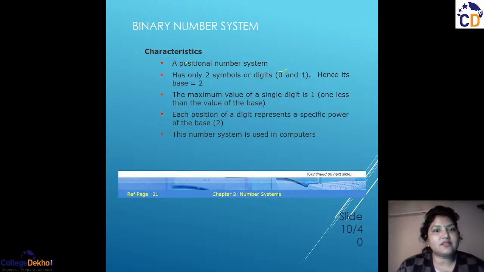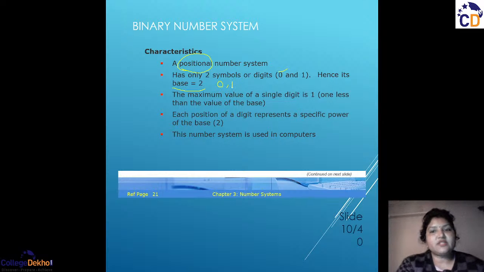Again this is a positional number system. You can perform arithmetic operations, and its base is 2, because we have only two options, 0 or 1.